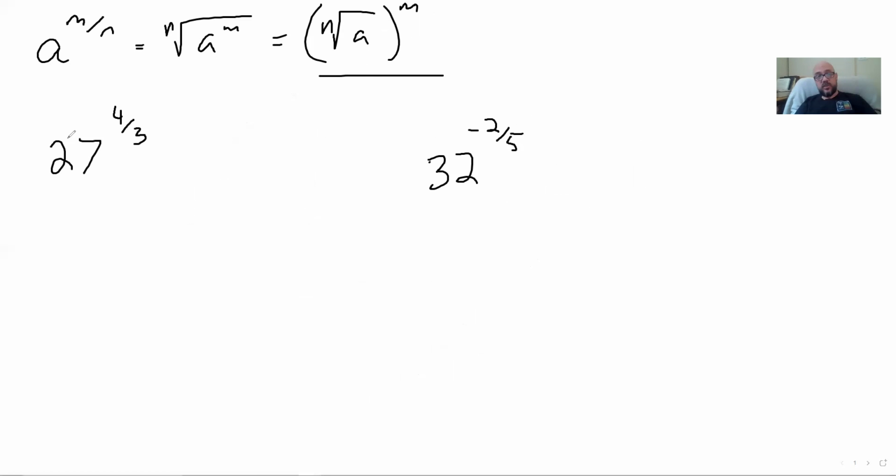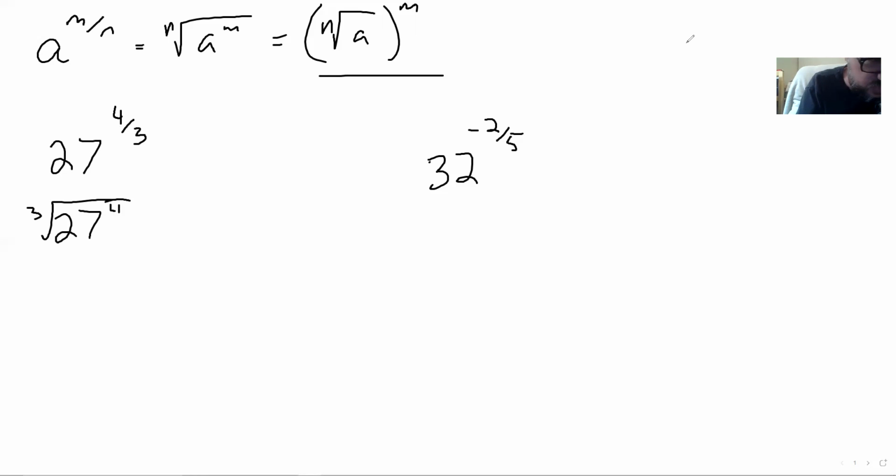I'll show you why. So for instance, let's say I want to simplify 27 to the 4/3. That looks like a bit of a mess, right? That's a largish number to a fractional power. So let's see what we can do about that. I can think of that as 27, the third root of that, to the 4th power.